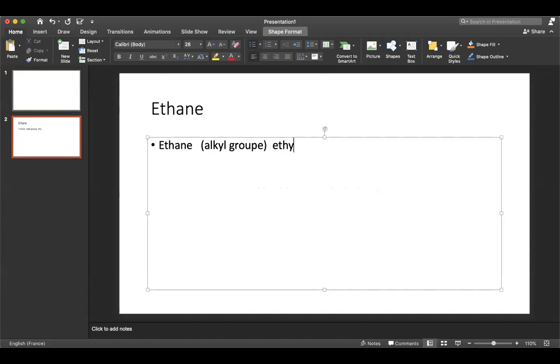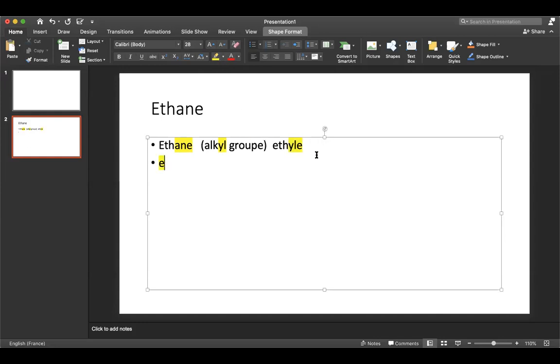Ethyl. Why? Because we're only changing this termination here. We're replacing it with this termination there. So this is our alkyl group.